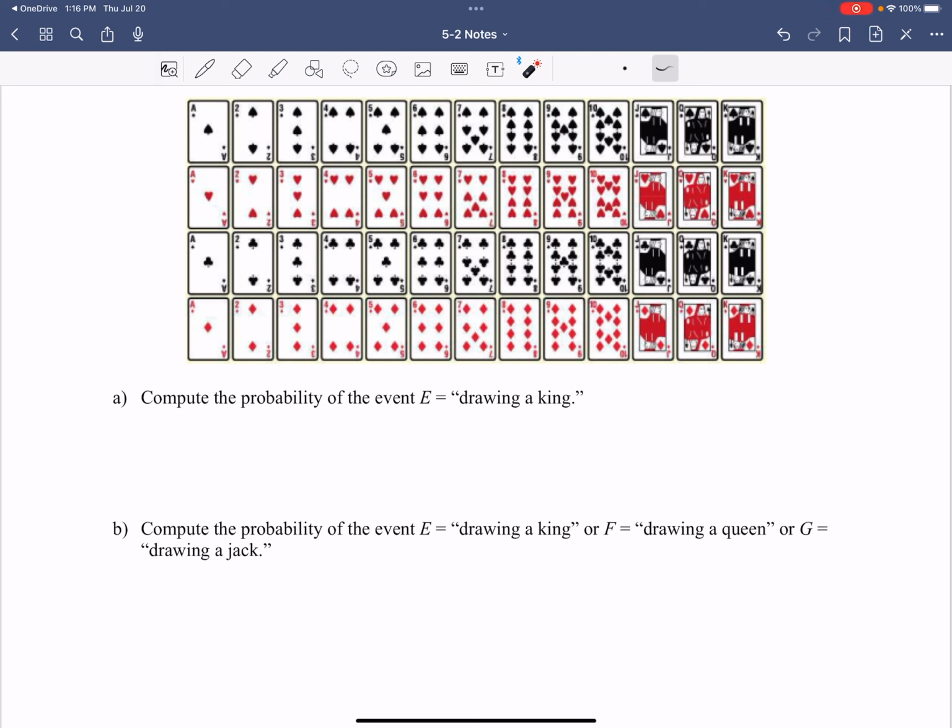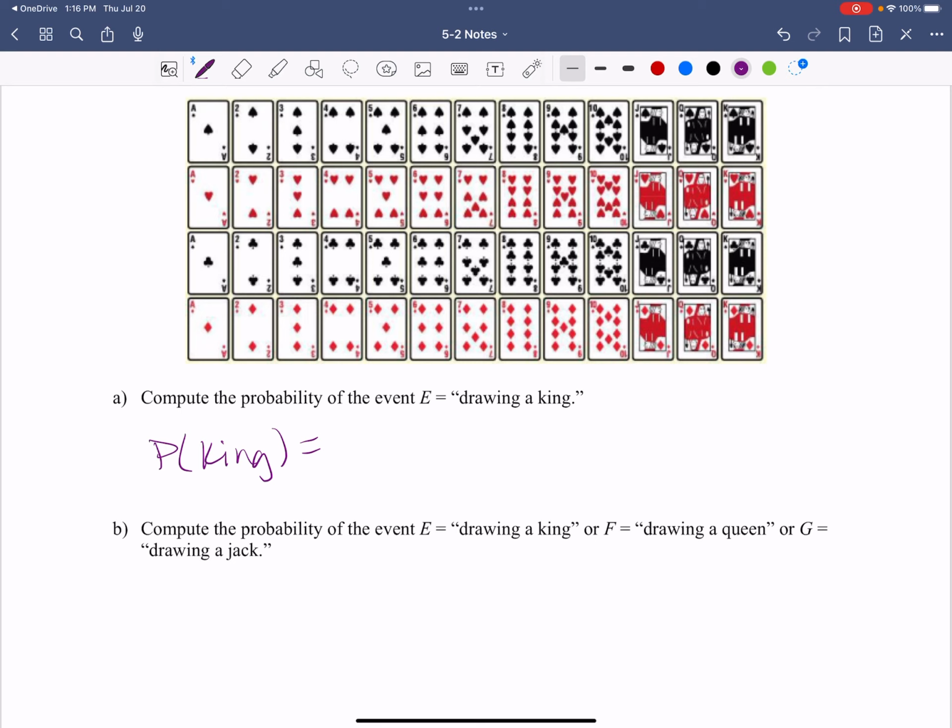All right. So we want to compute the probability of the event E, which is drawing a king. Anytime I want to do probability, it's going to be part out of whole.